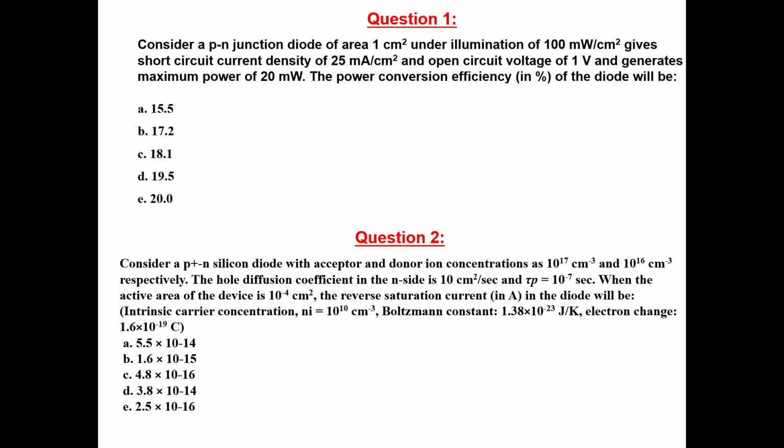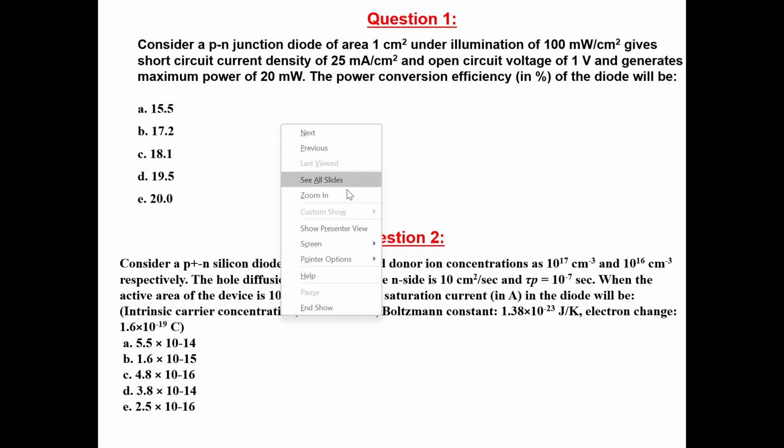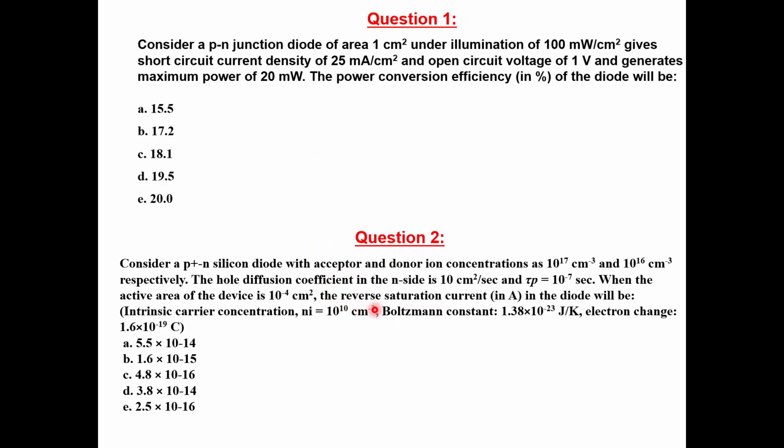The hole diffusion coefficient in the n side is 10 centimeter square per second, and tau p equals 10 to the power minus 7 seconds. When the active area of the device is 10 to the power minus 4 centimeter square, the reverse saturation current in the diode will be, where they have given ni, the Boltzmann constant and electron charge. The options are like this.